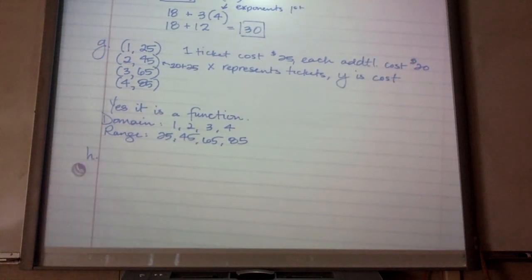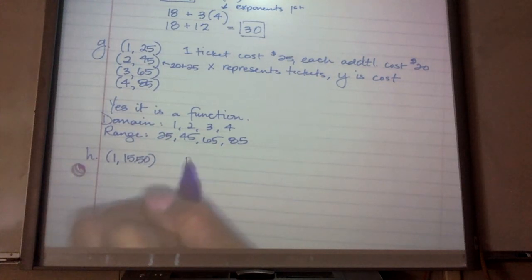H, very similar. They tell us if I buy one t-shirt, it costs $15.50. They're having a buy one, get one free sale. So if you buy one, you get one free. Find the total cost if you buy 2, 3, 4, 5, and 6 t-shirts. So I know if I buy one t-shirt, it's $15.50.